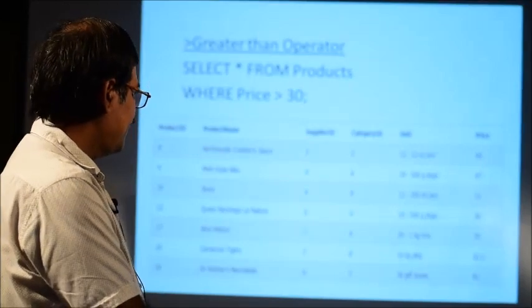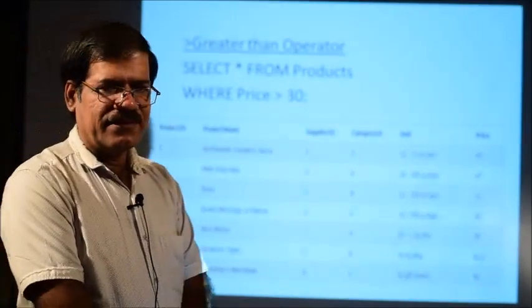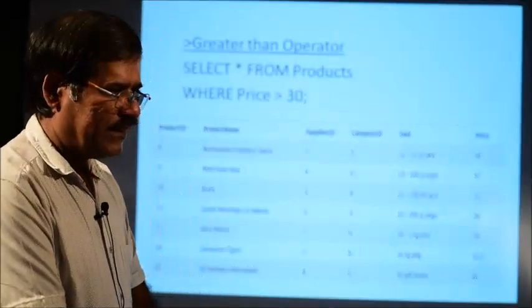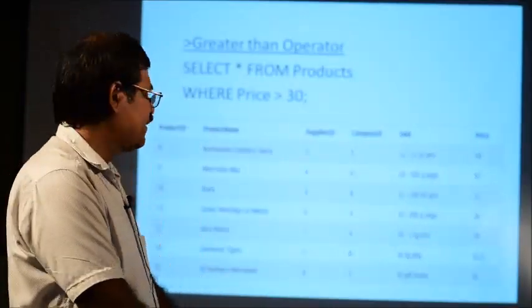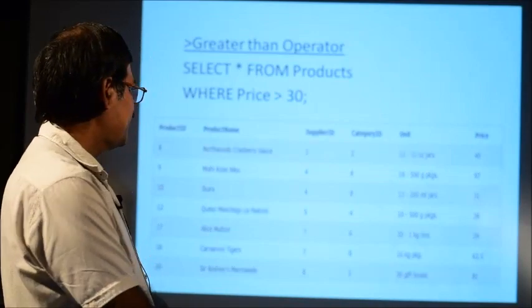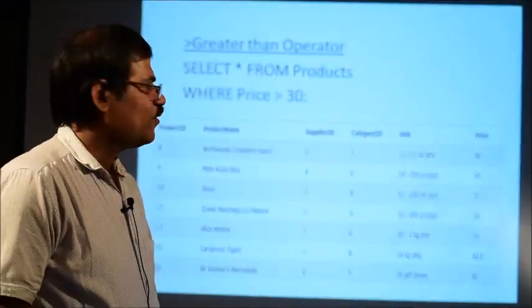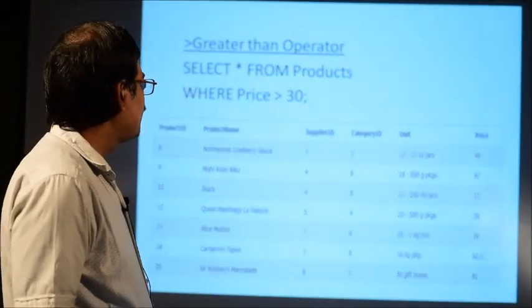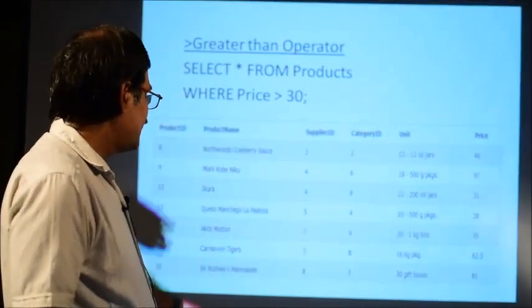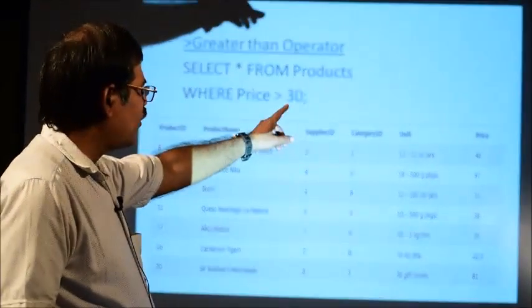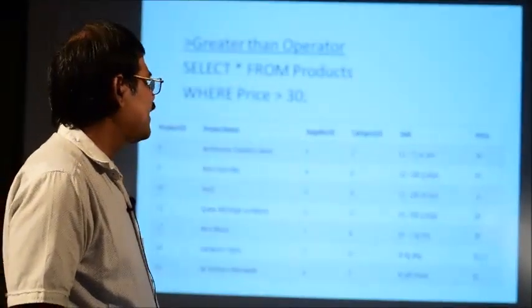That means where the price value is greater than 30, that many records will be selected from this product table and displayed on your computer screen. The where part will be executed first, price greater than 30, from the products table. Looking at the right side, all the values of price are greater than 30.